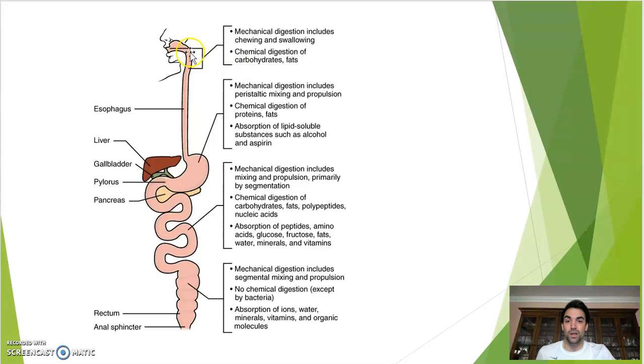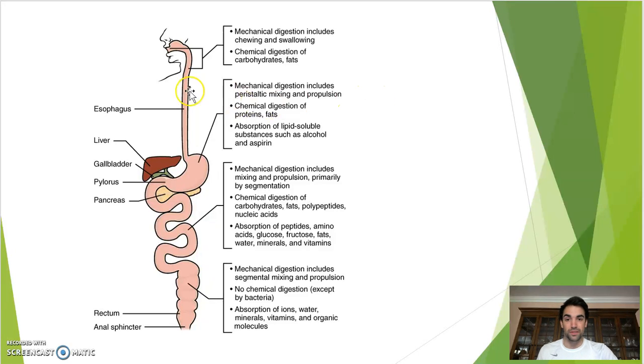So we can see up here at the mouth that we have obviously mechanical digestion, chewing and swallowing are involved, as well as the chemical digestion of carbohydrates and a small portion digesting fats. This is typically achieved by the enzyme amylase to digest the carbohydrates, and the lingual lipase, one of the three lipases that are involved in fat digestion.